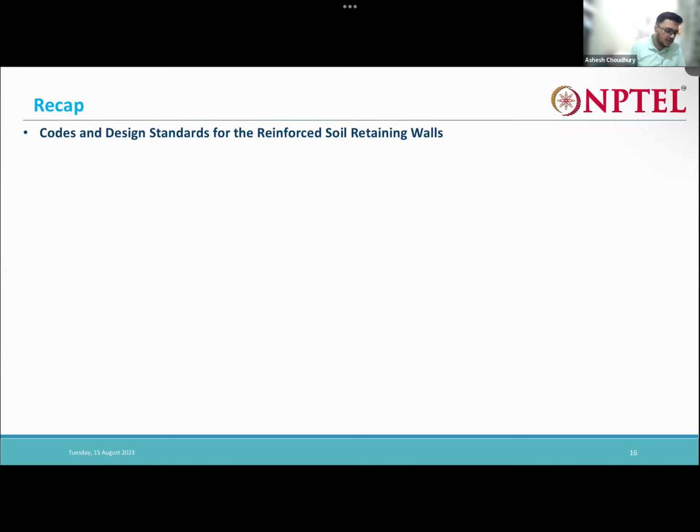All right, so let us see the differences. First is BS 8006, and the other one is the FHWA NHI.